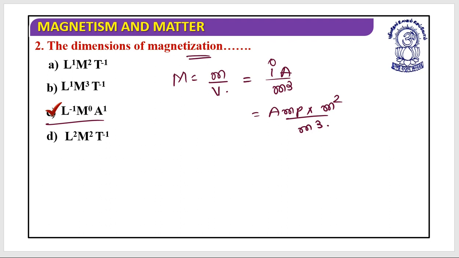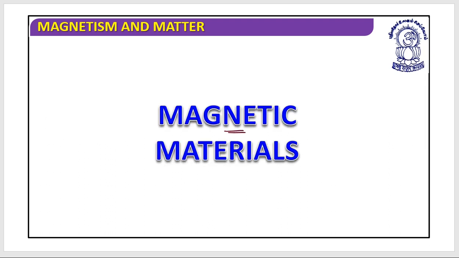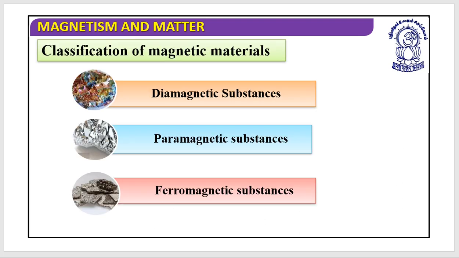Now let's have an introduction to the magnetic materials: which materials are there, how they behave when placed in a magnetic field, and what properties they contain. So let's begin with the classification of magnetic materials.